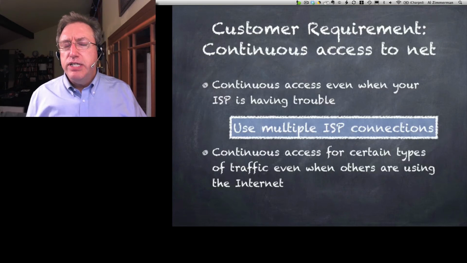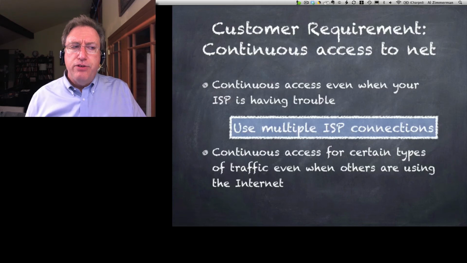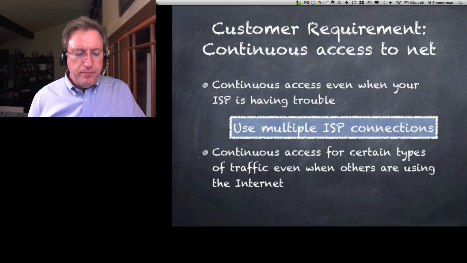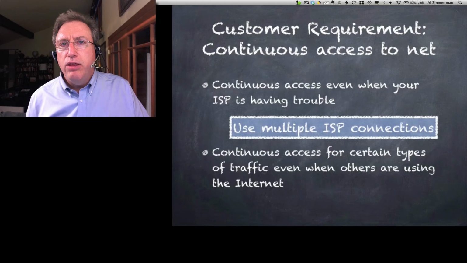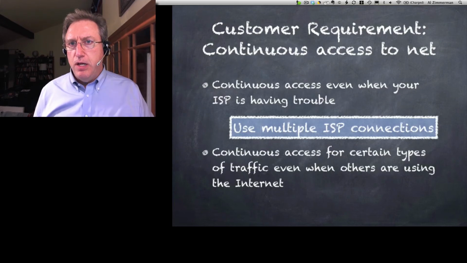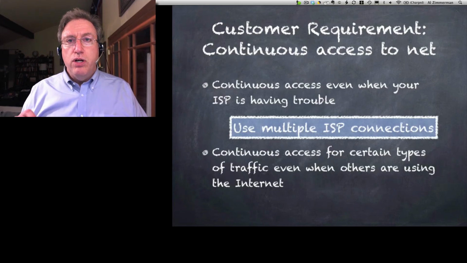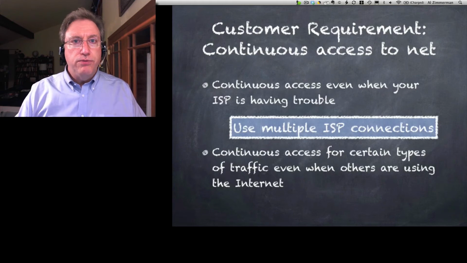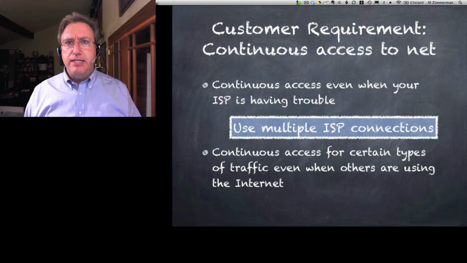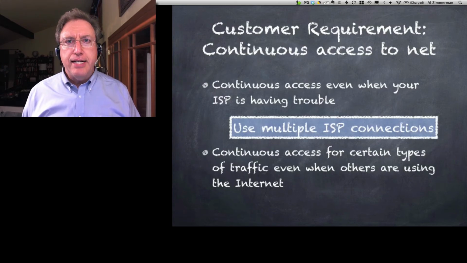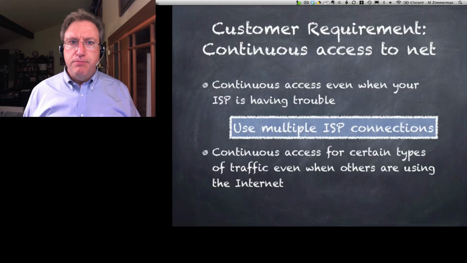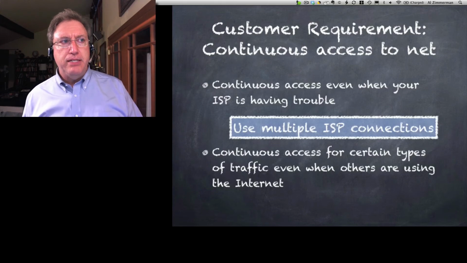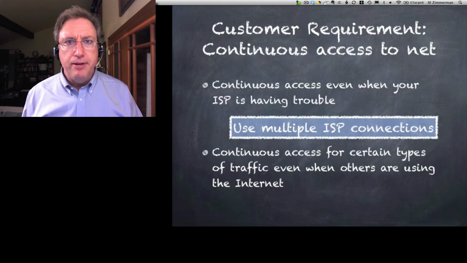Another more interesting aspect of sharing wide area network access is that some kinds of network traffic are more important than other kinds of network traffic. For example, if you're doing web conferencing, video conferencing with customers, people notice when there's a slight hesitation or a glitch in that kind of network traffic. And it's much more annoying than if a piece of email arrives a few seconds late.